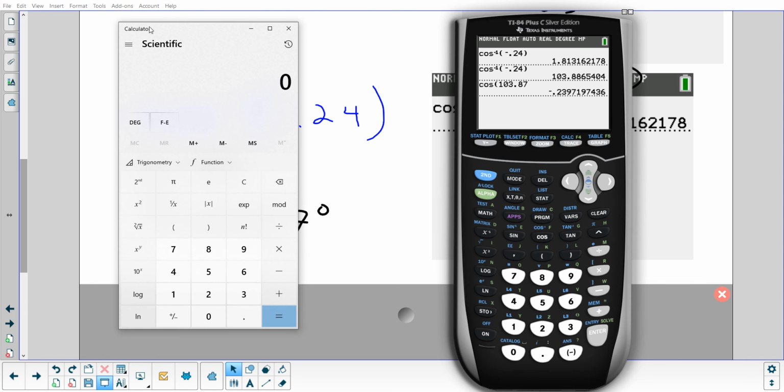First thing I need to do is put in negative 0.24. So I have to type that part in first, and then I press this down arrow that says trigonometry, press second, and then press, what are we doing, inverse cosine? Yeah. And I get 103.89.